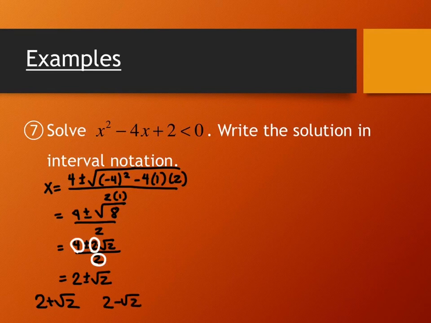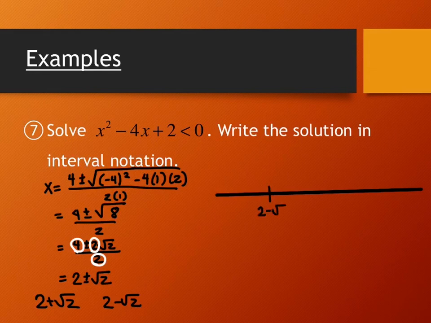And I want to put these numbers on a number line. Well, clearly the 2 minus the square root of 2 will come first. But in order to really test the points, I probably need to have an estimation in my mind of what they are equal to, so that I can choose values in and around them that make sense.